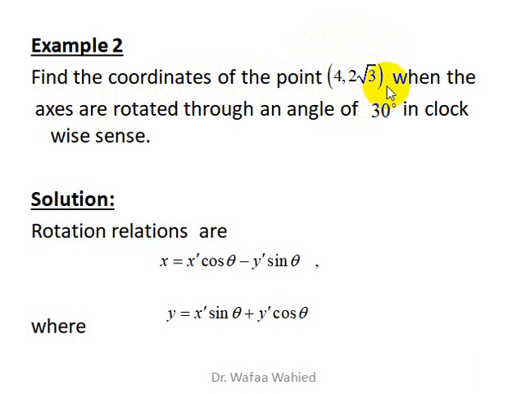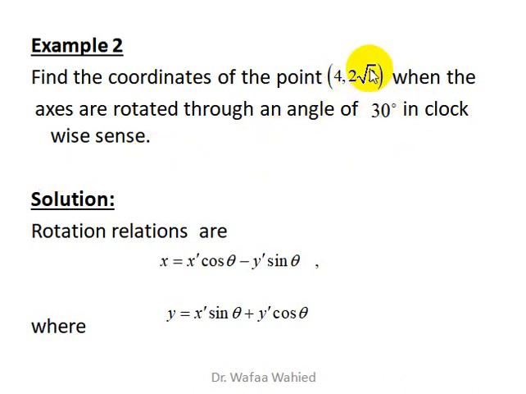So these are the coordinates of the old point, the old coordinates of the point B. But 30 degrees is the theta. Theta is equal to minus 30 degrees because theta is in the clockwise sense.